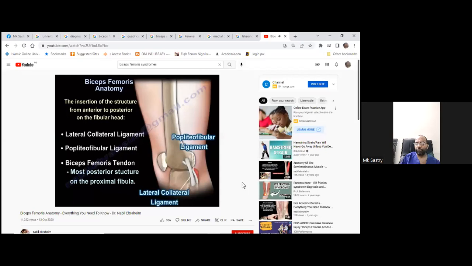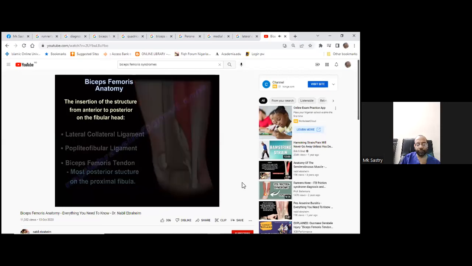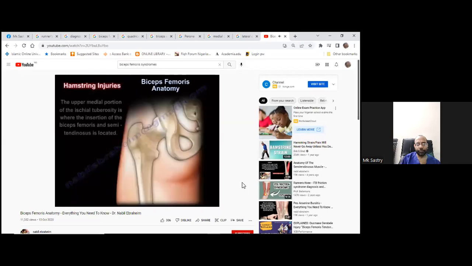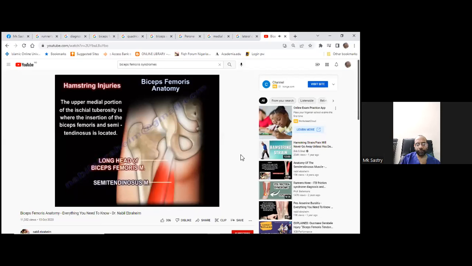The lateral collateral ligament, the popliteofibular ligament, and the biceps femoris tendon, which is the most posterior structure on the proximal fibula.